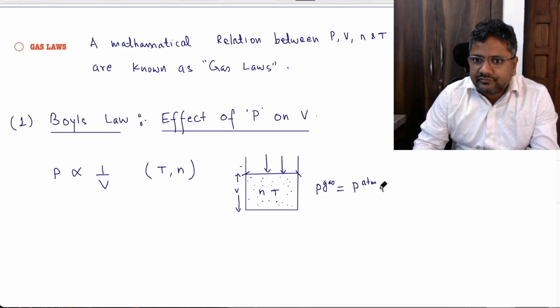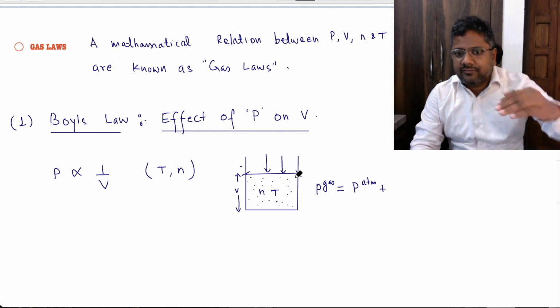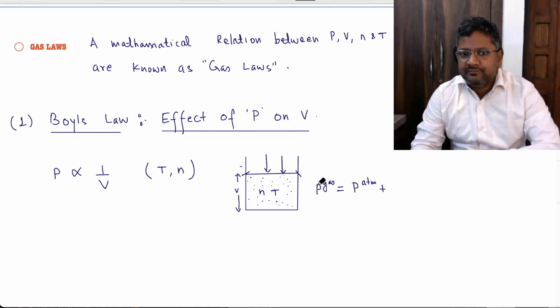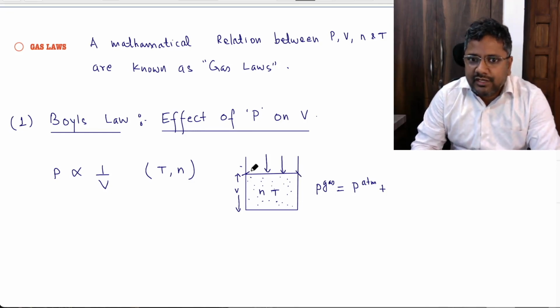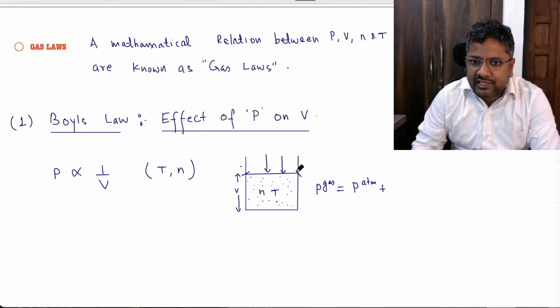plus there must be some force here. This piston will apply force on this clip, because the clip can hold this piston. The piston is not free to move here. So definitely some equivalent pressure is applied by this clip.